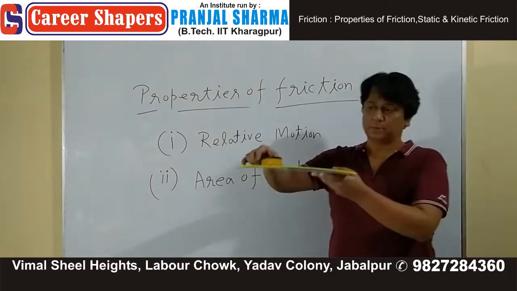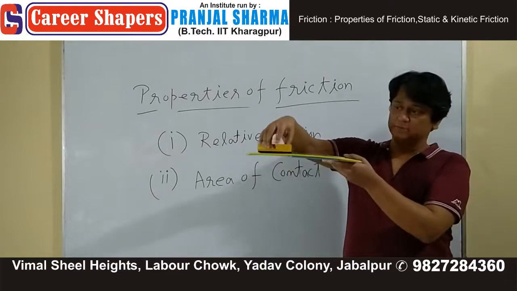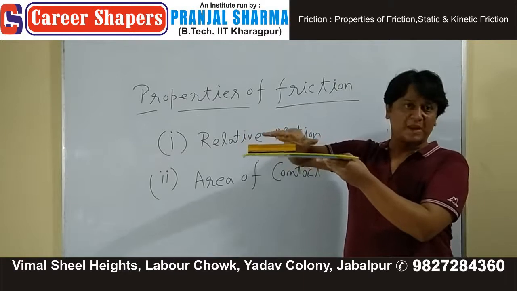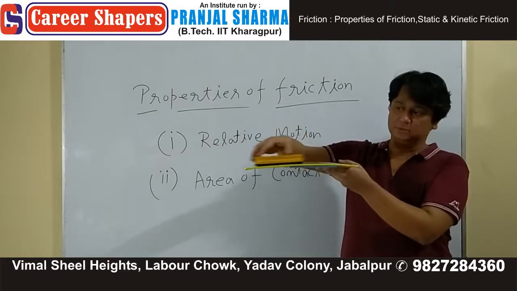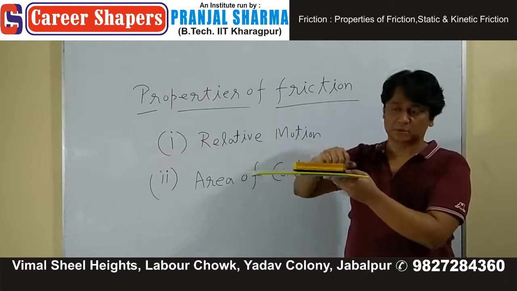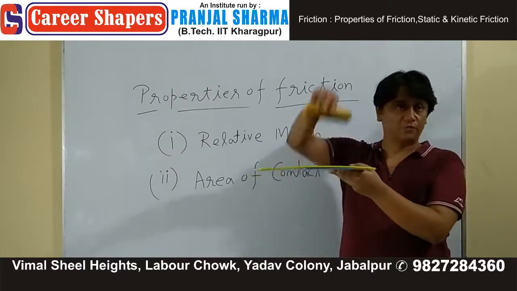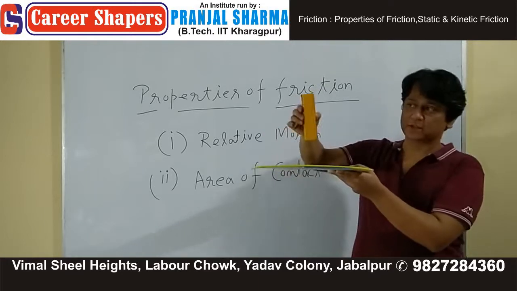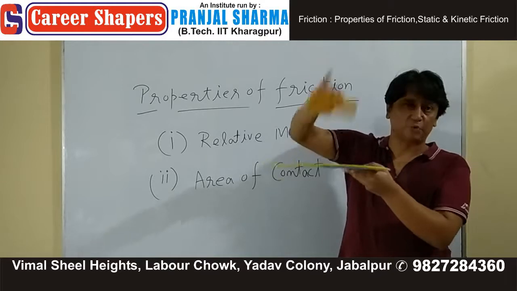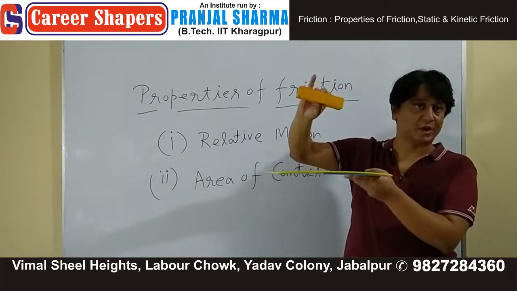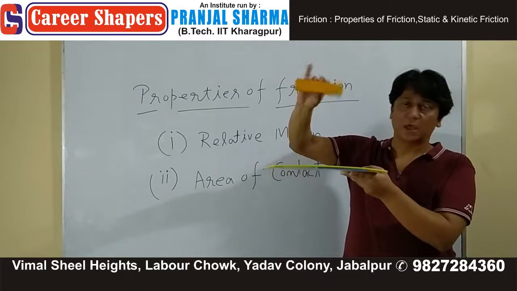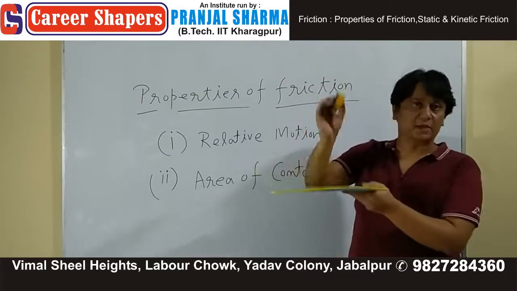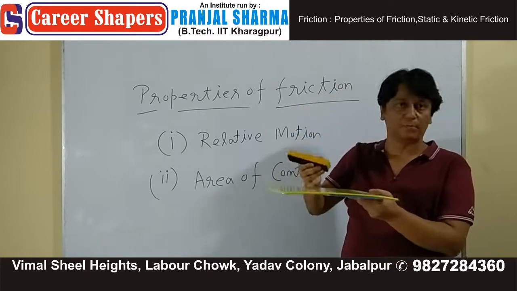If I move this duster in this placement like this and the friction it encounters, if I move this duster instead like this, so in the first case if I place it in this form, you can see the area which is in contact with the board, and if I instead move it in this form, then lesser area is in contact with the board.